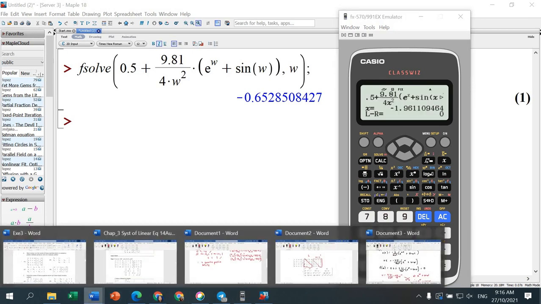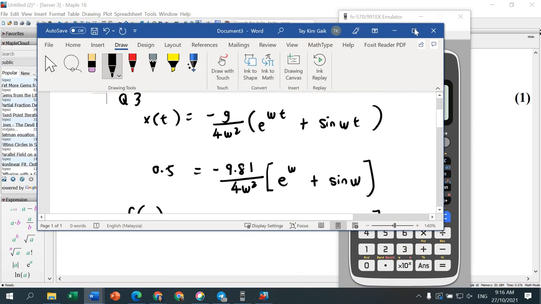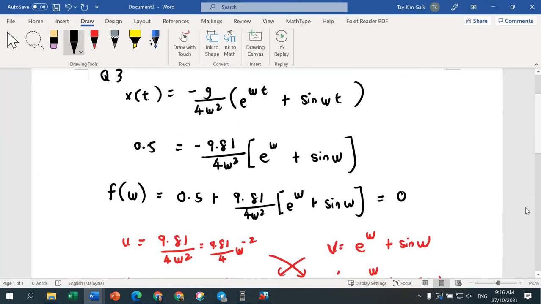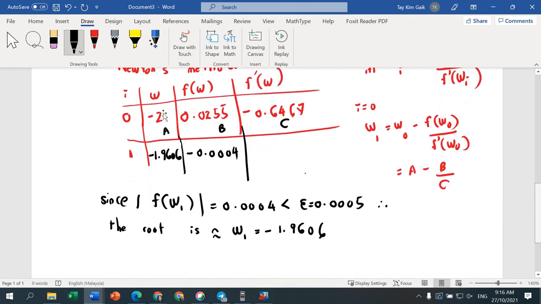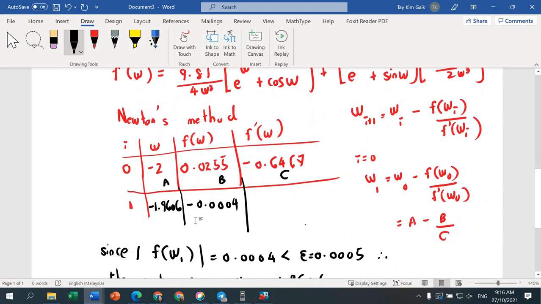Okay, you can change this one. You can recalculate again. If you change the initial condition, this is negative 1, so you will get the second root there.